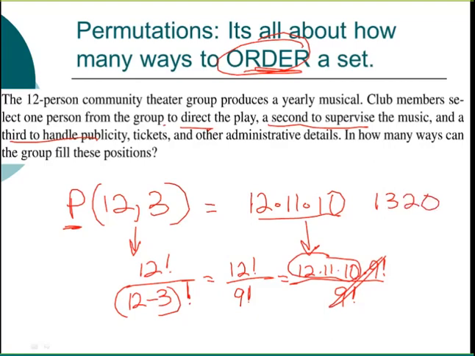Now you have a button on your calculator that should say nPr, if you have a scientific calculator. The way that this goes is you type the first number, which is 12. Then I push this button, and on my calculator it'll say nPr.